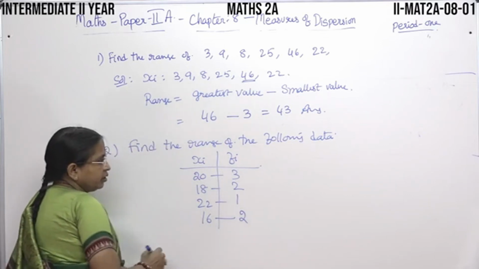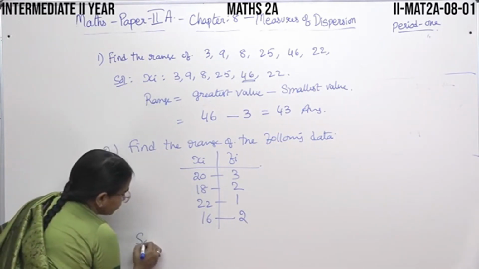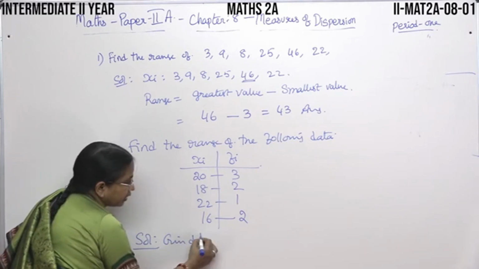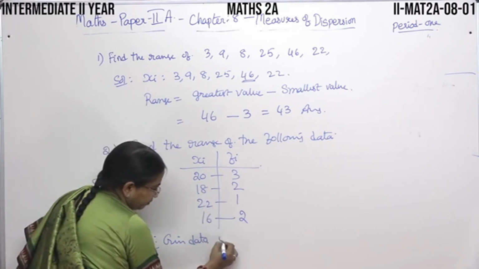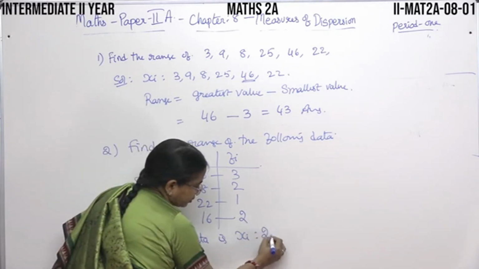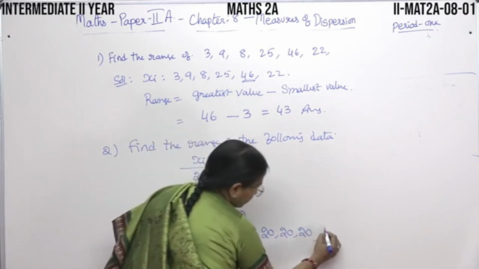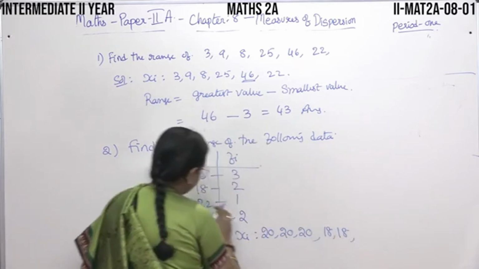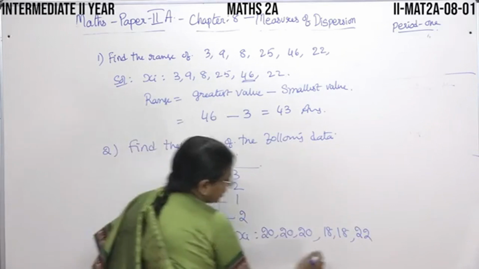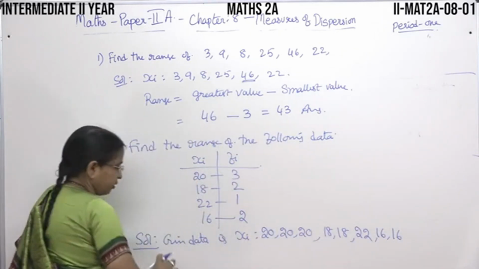Only 4 data values. So in the solution, the given data you can write in the form of raw data like this. 20 is repeated 3 times: 20, 20, 20. 18, 2 times: 18, 18. 22, 1 time. 16, 2 times: 16, 16. So this is your raw data now.